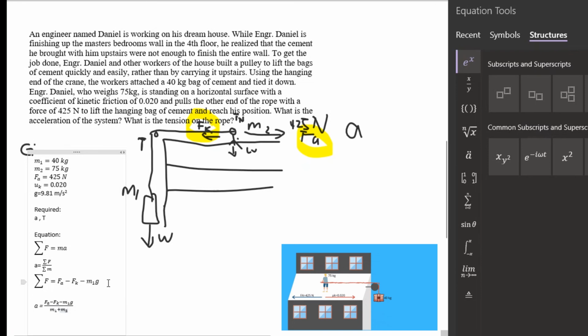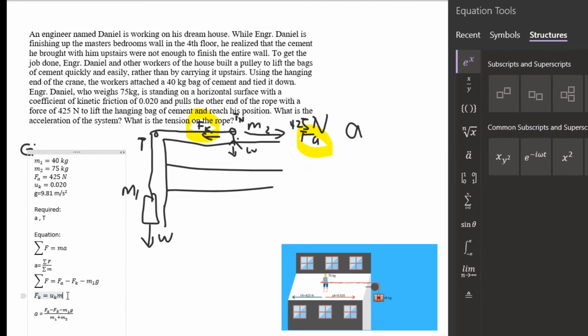I forgot to show the formula for computing the kinetic friction. I'm sorry. So it will be like this. Kinetic friction will be mu k times the mass of the object wherein the friction is exerted.